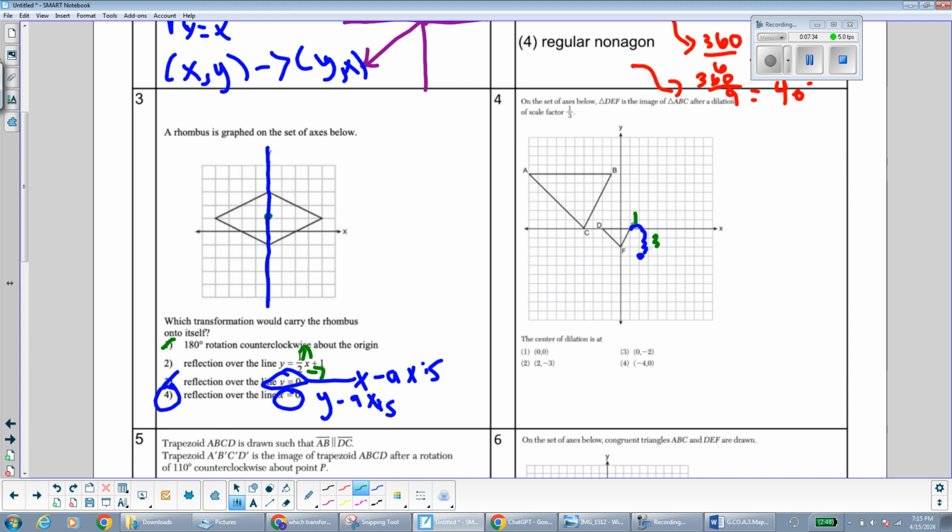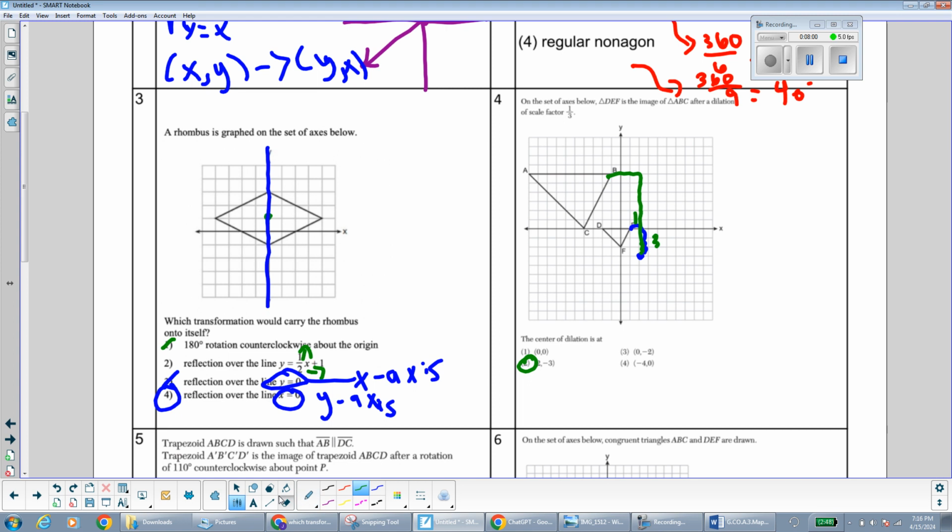So I should expect it to be 9 up and 3 over from the center. 1, 2, 3, 4, 5, 6, 7, 8, 9. 1, 2, 3. That is it. That is 3 times the distance from the center of dilation as the image. So the image is a third of the distance from the center.